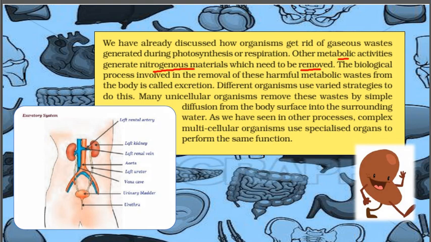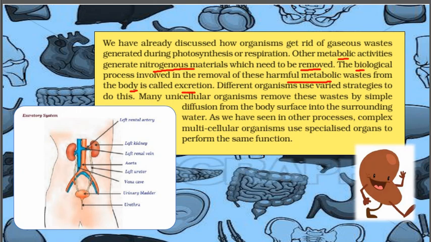The biological process we are studying right now is the one that involves the removal of harmful metabolic waste generated inside the body of the animal. This waste generated inside the body is excreted out through the body, and that process is called excretion.